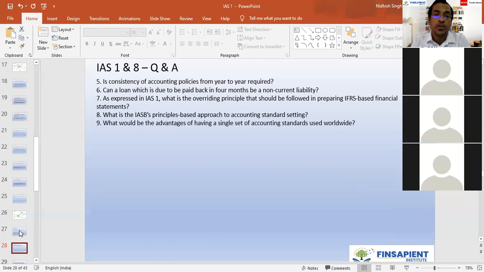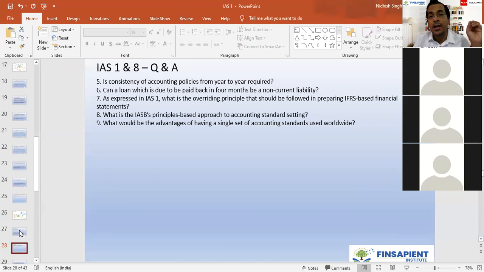So the principle based approach should be substance over form, because in all the standards, that is one common pattern you'll see. We talked about accounting policies right now, how to report in the P&L, and also the hedging earlier, IAS 39, etc. In all these aspects, you will see either it is talking about the true and fair view or substance over form, which are the same thing.